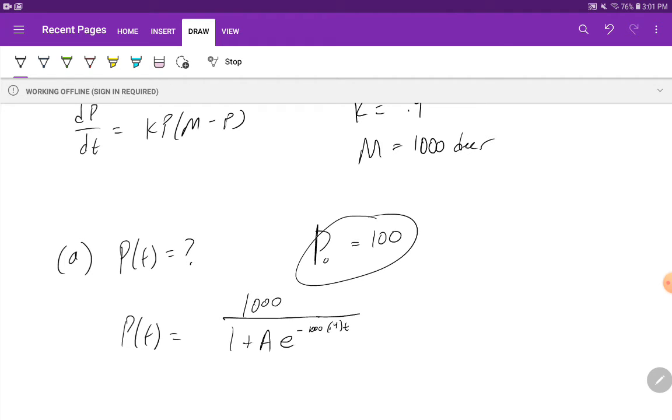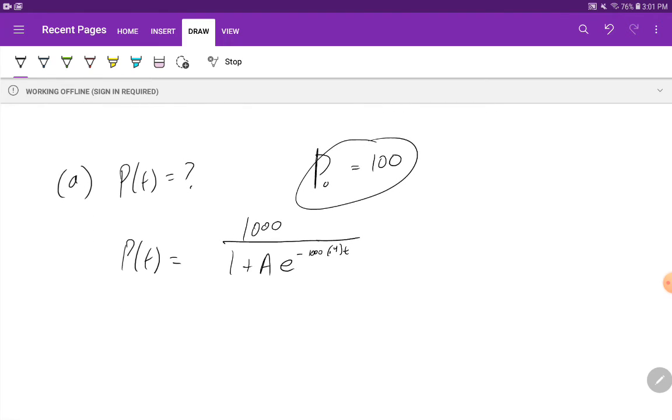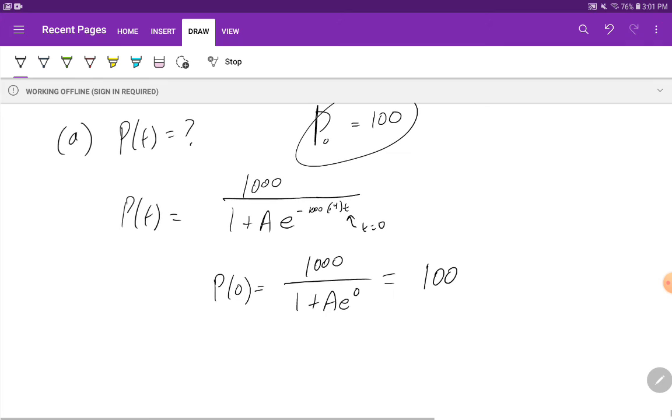And now we can plug in our initial condition. So at time 0, it's 100 deer. So at P(0), we get 1,000 over 1 plus A e to the 0, because if I plug in 0 for t, it's going to be e to the 0 or 1, and that is 100. And we just solved this, right? So we kind of did something like this in class.